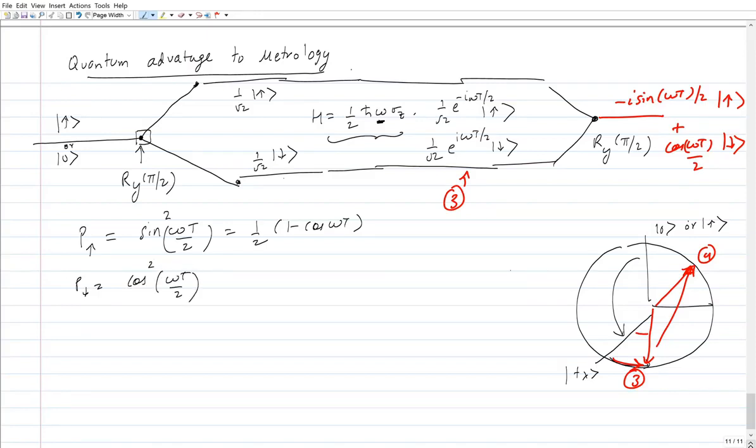So these are going to be my series of measurements. Remember, M1, M2, Mn. And based upon these statistics, I'm going to infer the information about the phase omega.